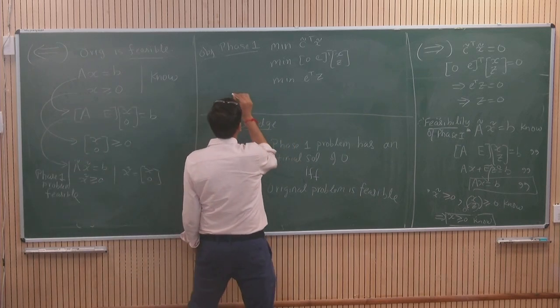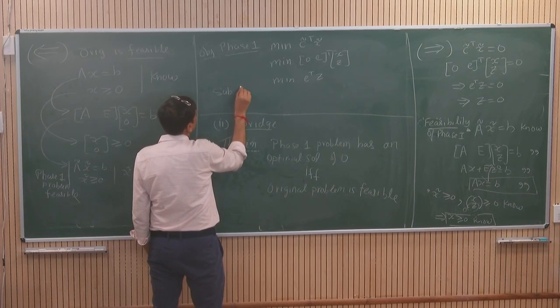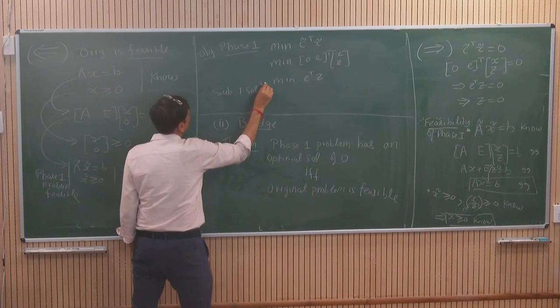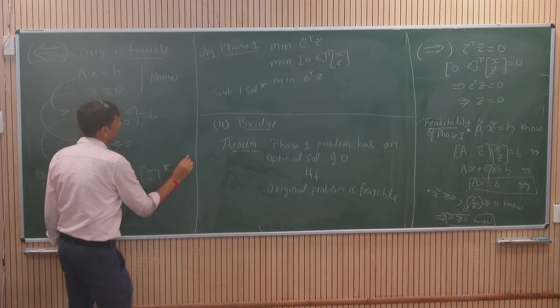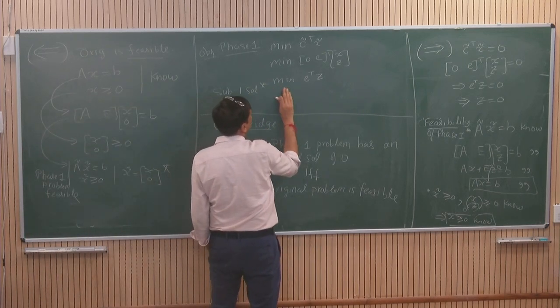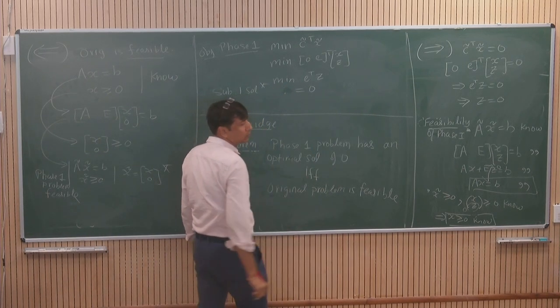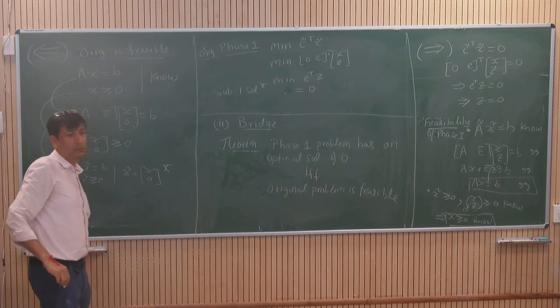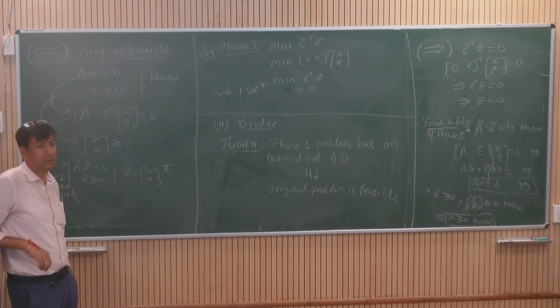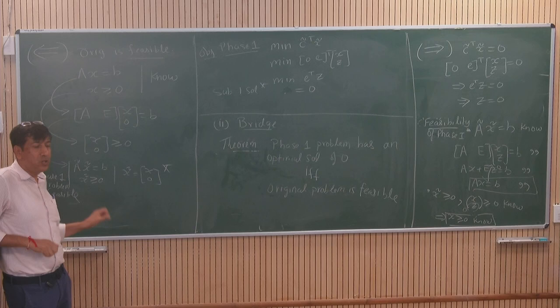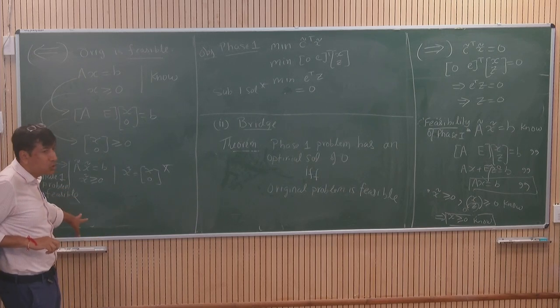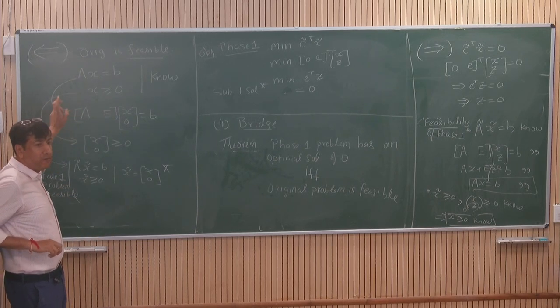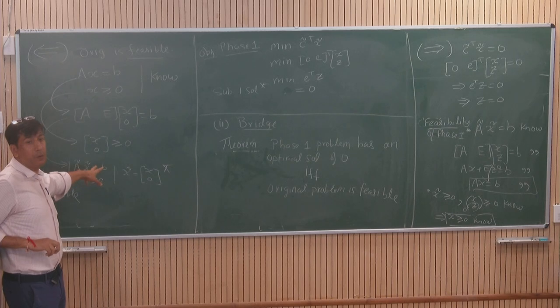Now if I substitute this one solution which I got here, I get that this is equal to 0. Correct? This is the objective function value of one solution which is coming out from the feasible solution of the original problem.